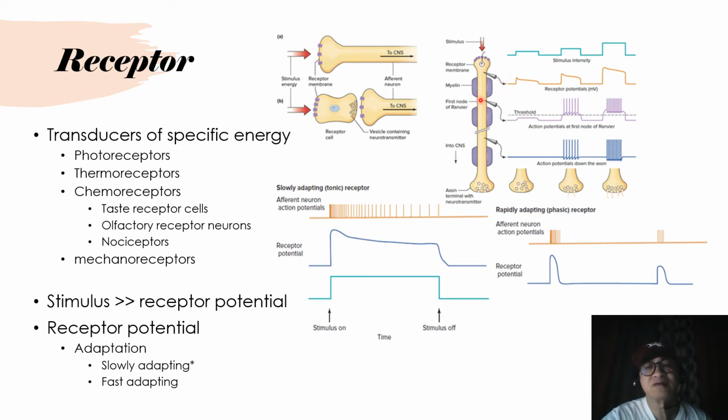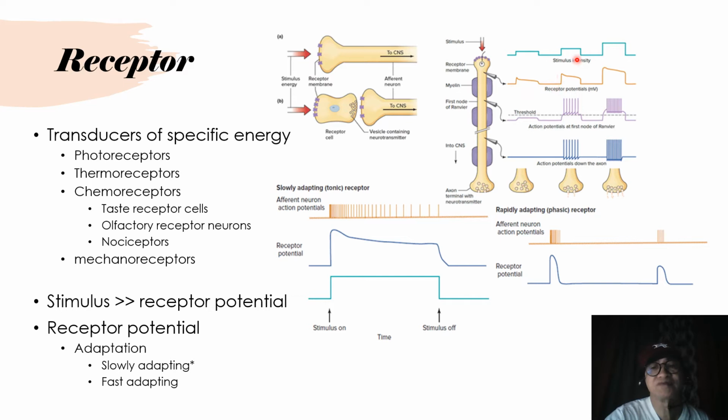In receptors or afferent neurons, the stimulus often triggers graded potentials, which can be summated and which can reach threshold that can trigger action potentials along the afferent fiber.